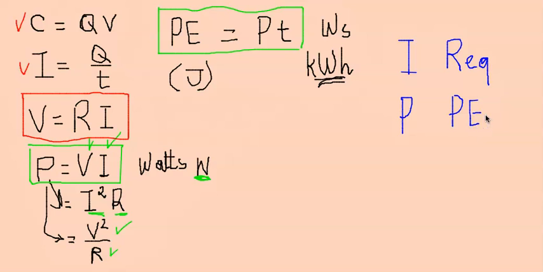I will give you a very simple circuit. Then we will try to solve for the electric current, the equivalent resistance, or the electric power, and this can be for the whole unit or just one portion of the electric circuit.